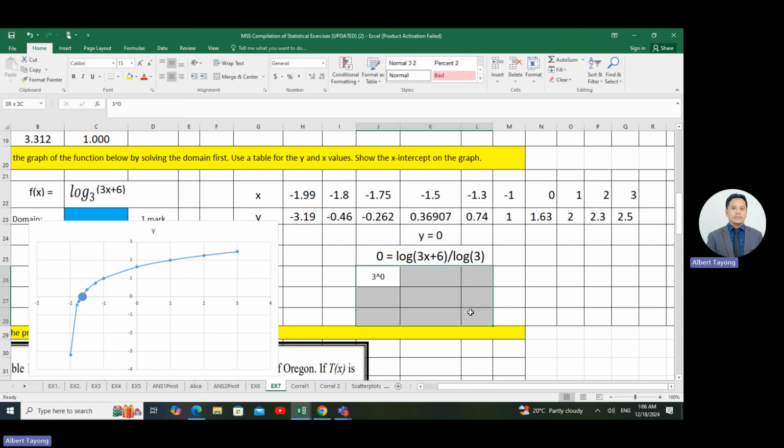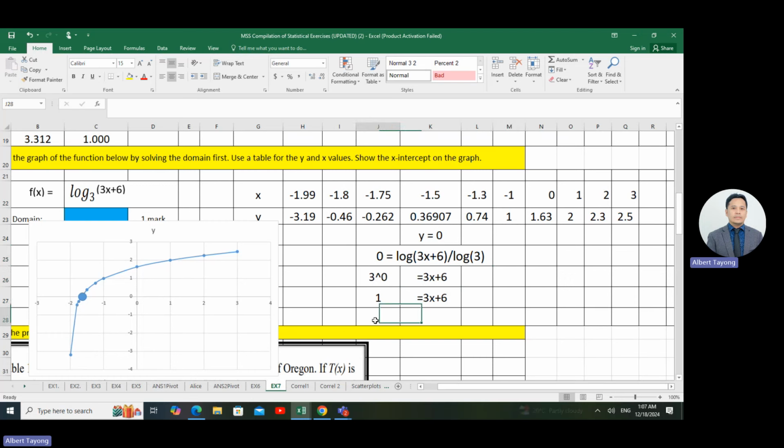So 3 raised to the power of 0. So whatever is the base here, that should be raised to the power of this. And the remaining here is only 3x plus 6. 3 to the 0 is equal to 1. 1 equals 3x plus 6.